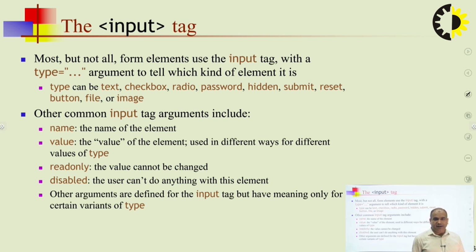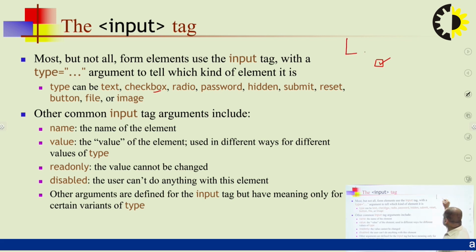So it can be text. If we write input type equal to text, in that case a text box will be generated. If we write checkbox, a square with this symbol will appear. For text box, this type of text field will appear.